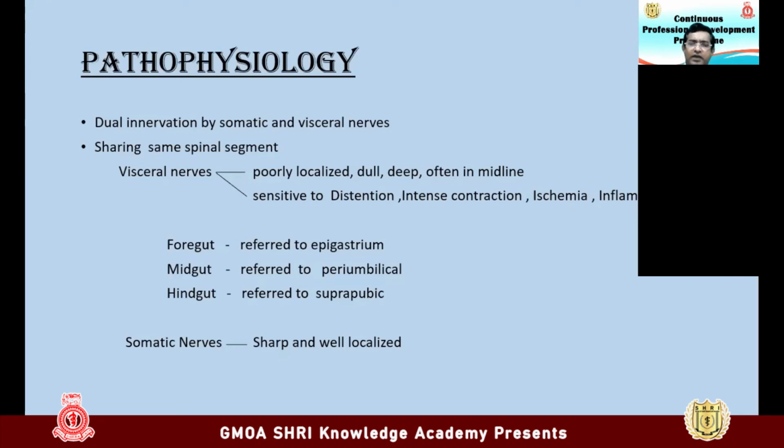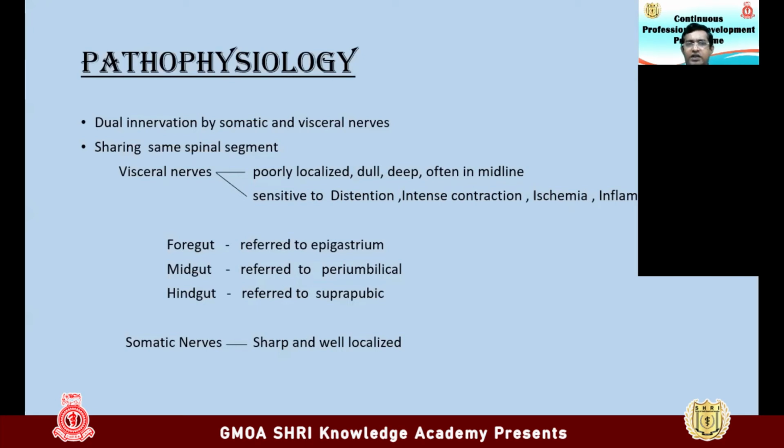Why? The pathophysiology of this process is that the visceral nerves and the somatic nerves utilize the same spinal segment. The classic example is that C3, C4, C5 fibers innervate the diaphragm as well as the right shoulder. If someone has diaphragmatic irritation, they complain of pain in the right shoulder.